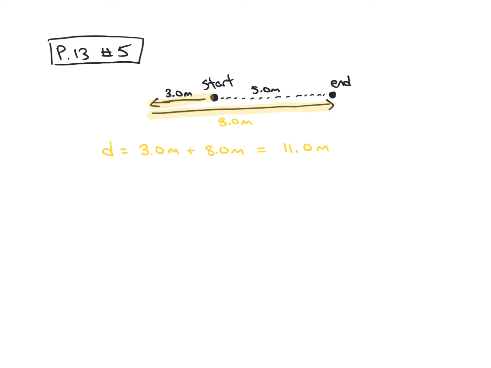In terms of displacement, so let's review displacement. It is the straight line from start to end, like a direct straight line from the start to the end. So I'll draw that in red.